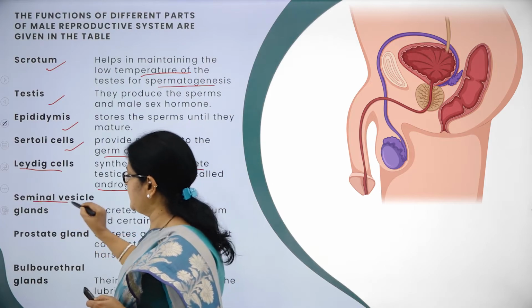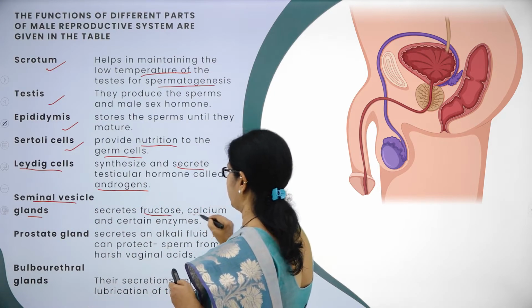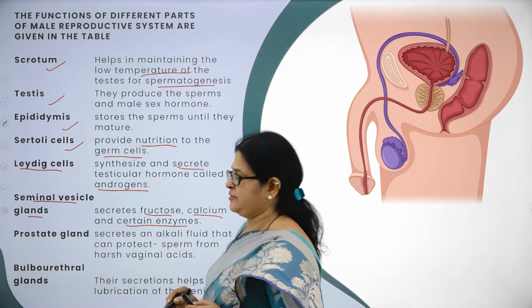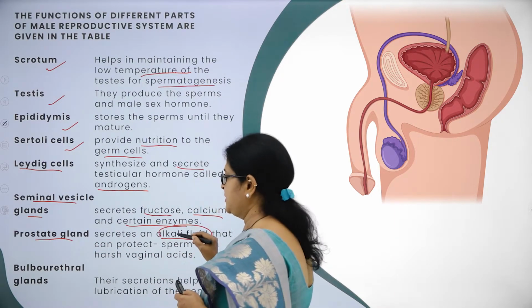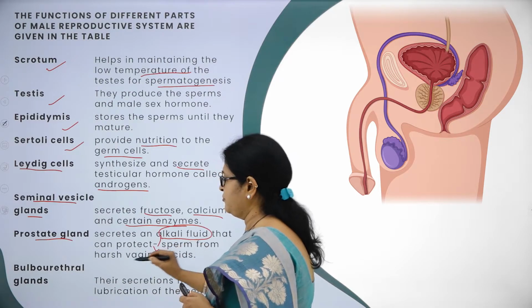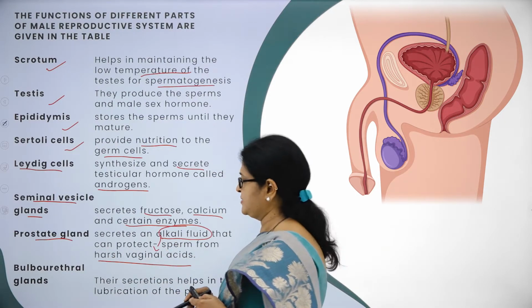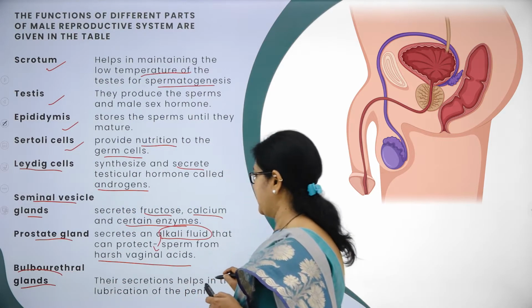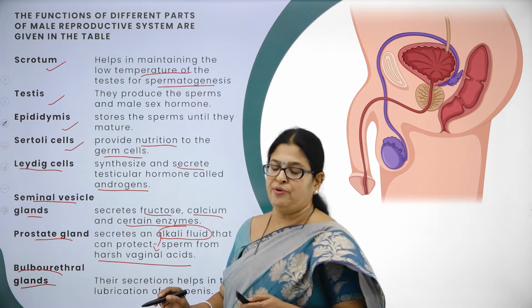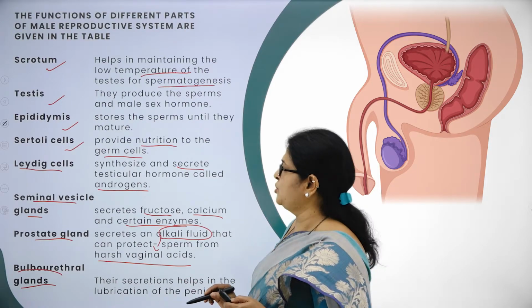Then seminal vesicle glands secrete what? Fructose, calcium and certain enzymes. Prostate gland secretes an alkaline fluid, and this fluid will help what? Protect the sperm from the harsh vaginal acids. Then bulbourethral gland, what is the function of this? Their secretion helps in the lubrication of the penis during copulation or during intercourse.